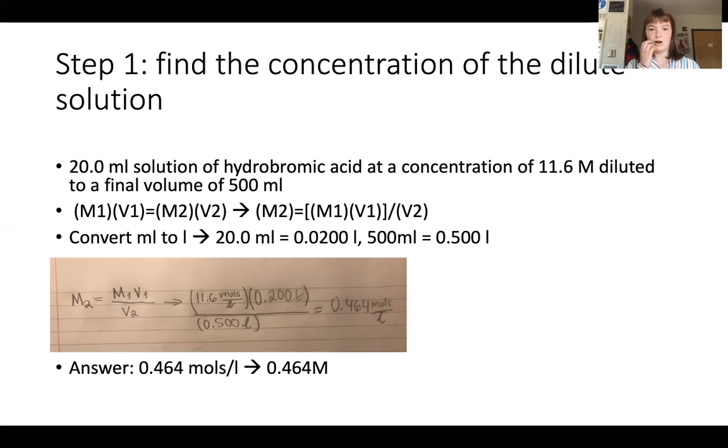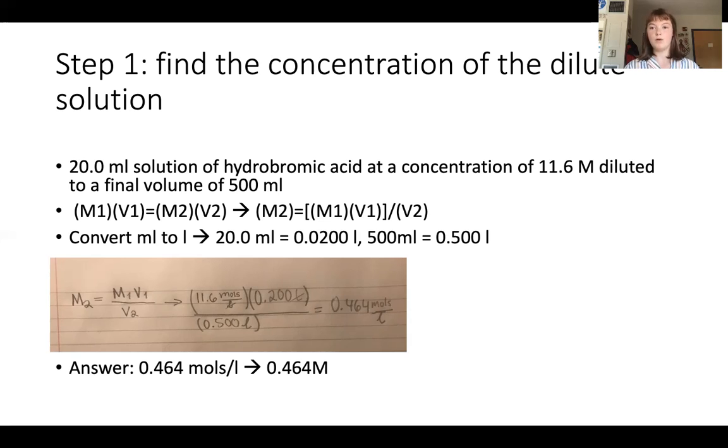To figure this out, we use the equation M1 times V1 equals M2 times V2. M stands for molarity and V stands for volume. We want to isolate M2 because we want to figure out the final concentration. So to do that, we make the relationship M2 equals M1 times V1 divided by V2.